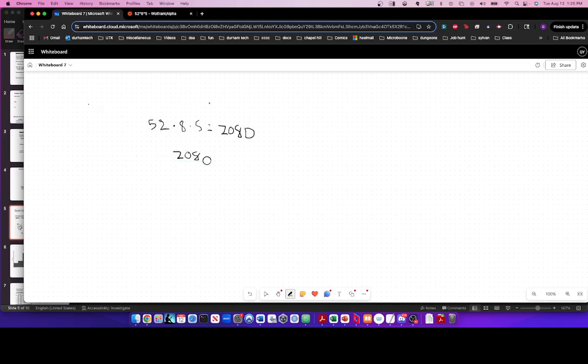Then take that $2,080 and multiply it by, let's say we get paid $20 an hour. It got a little messy as my tablet started fighting me, but whatever. So we can plug that into a calculator.